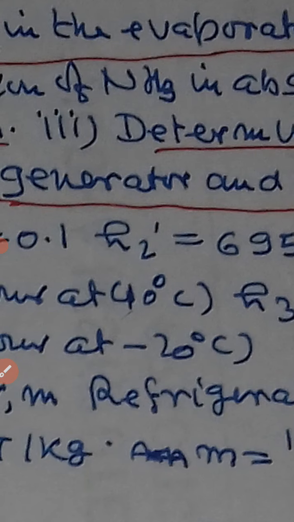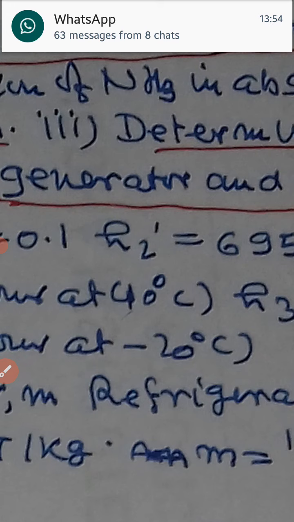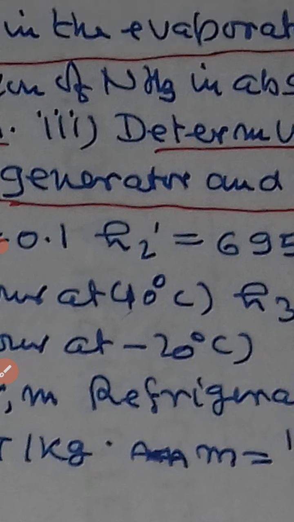Now, for the mass flow rate of ammonia in the evaporator, the refrigerating effect RE will be given by H1 minus H4, that will be equal to H1 minus H3, and the value 1420 minus 371.9 gives 1048.1 kilojoule per kg.